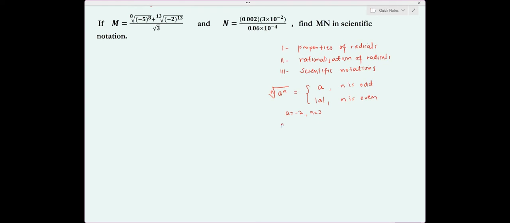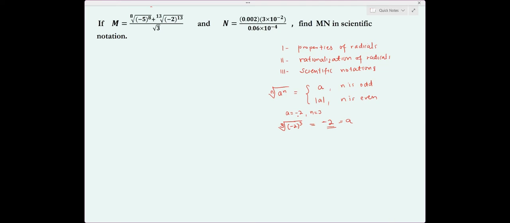So we have the cube root of minus 2 to the power 3. And what will this answer be? This answer is going to be minus 2, which is correct because this is like saying the cube root of minus 8, which is minus 2. And you can see this is the a.